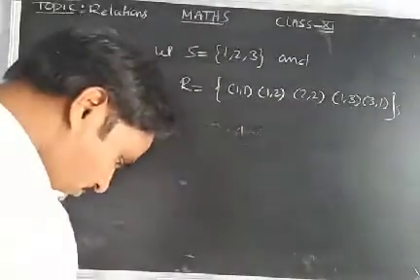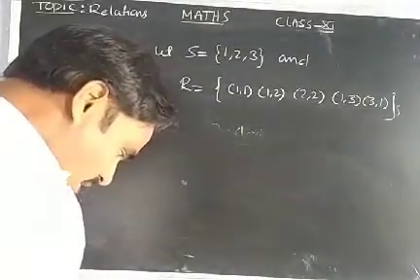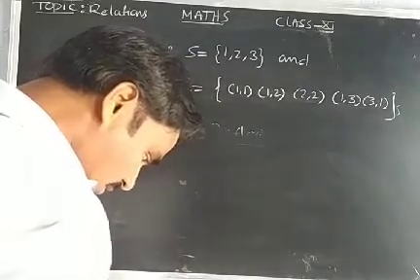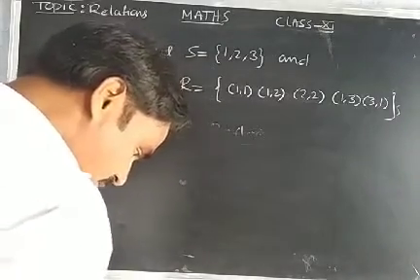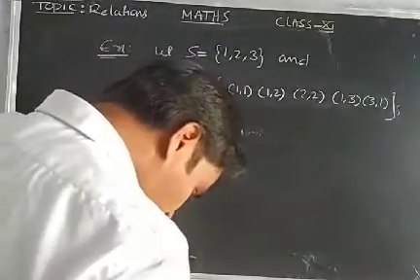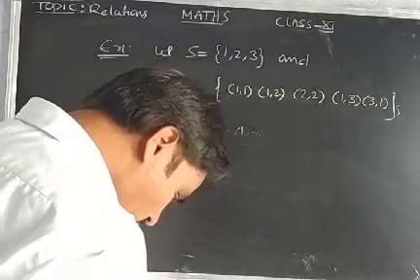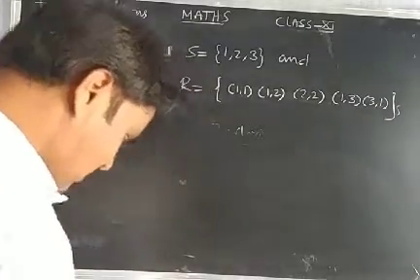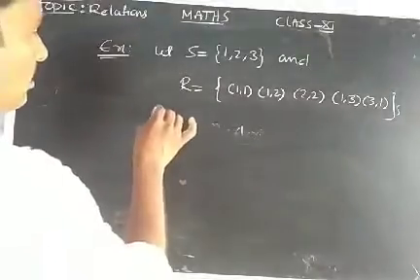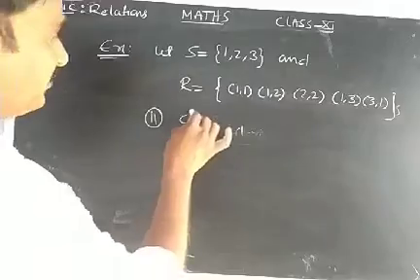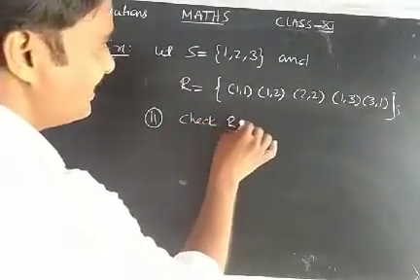Now second question. Is R symmetric? If not, state the reason and write the number of ordered pairs to be included to make it symmetric. The same question. Check whether R is symmetric or not.